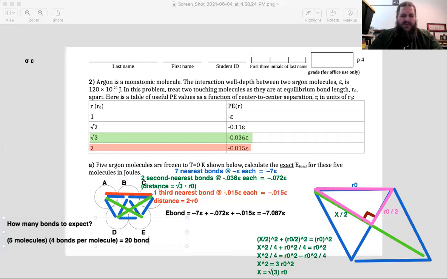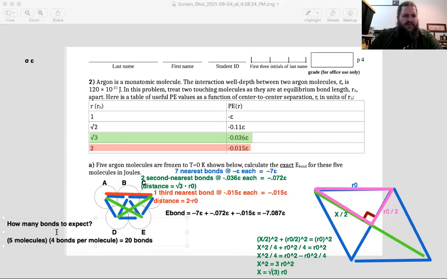Yeah, we should expect 20 handshakes or 20 bonds. Did we count 20 bonds here? No, how many did we get? 7 plus 2 more plus 1 more. Yeah, we got 10 bonds.